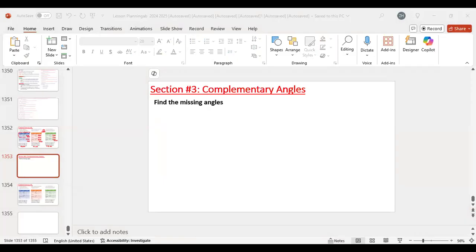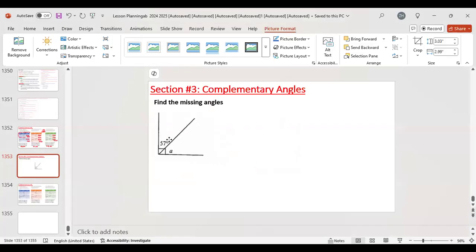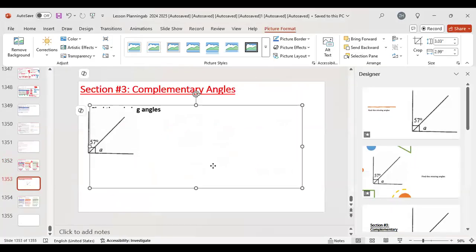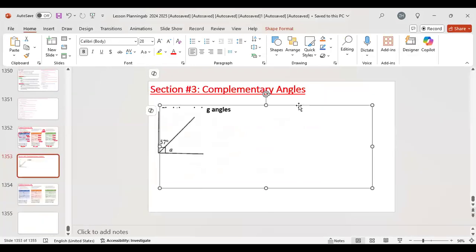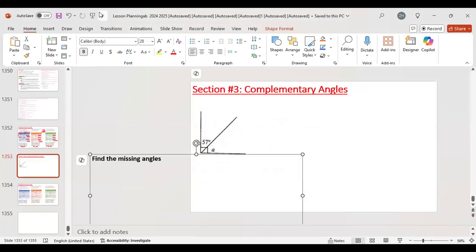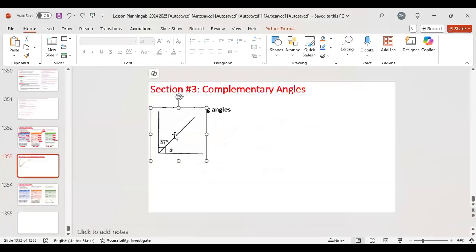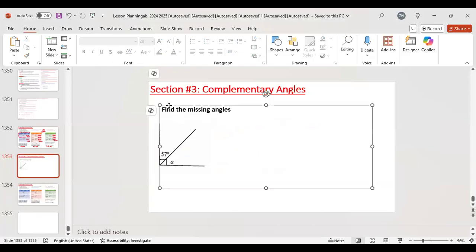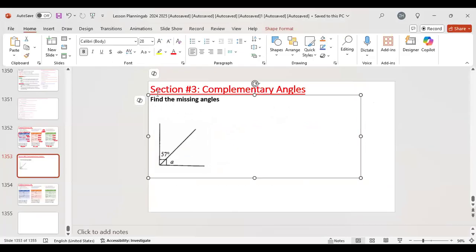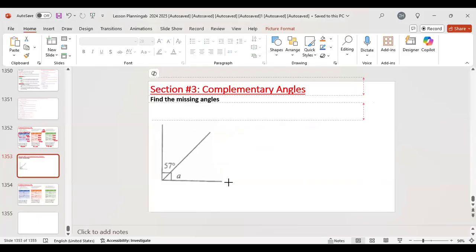Let's go ahead and do this one. Let's say we have this. We're going to find the size of angle A.